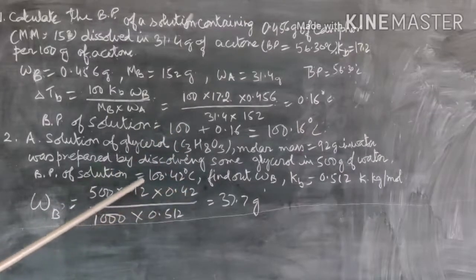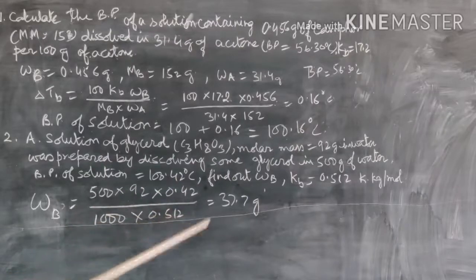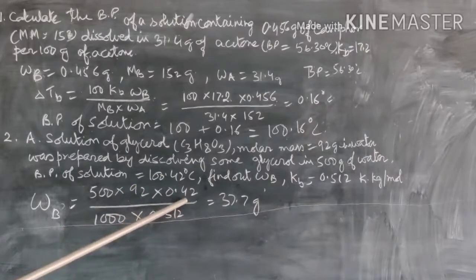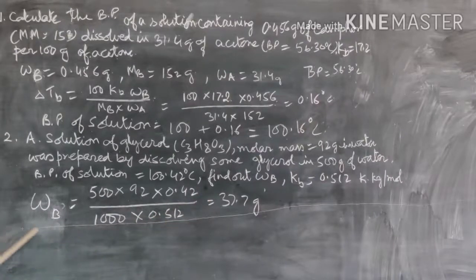When you calculate the difference, delta Tb is equal to 0.42. Then Wb is 500 into 92 into 0.42 upon 1000 into 0.512, and your answer will be 37.7 gram.